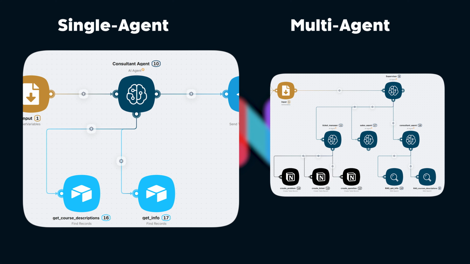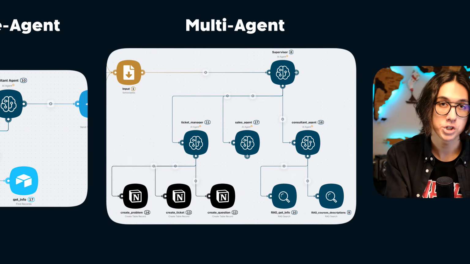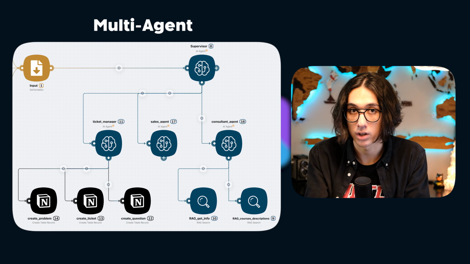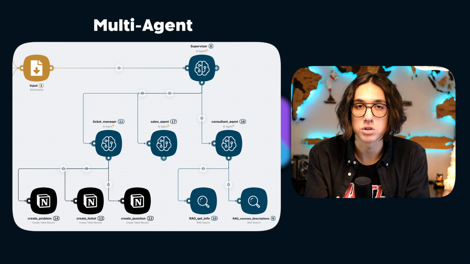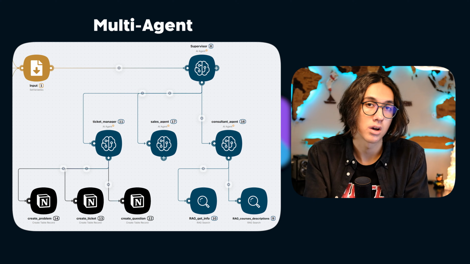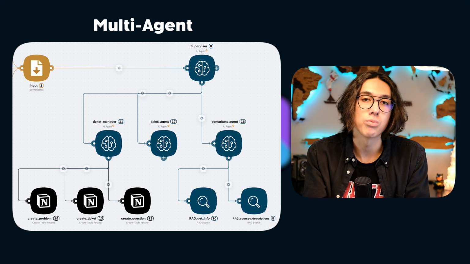Simple and clean. As you get more comfortable, you can step up into setups with multiple agents working together on Latenode. Imagine one acting as a coordinator or supervisor, while the others specialize. Maybe one focuses on digging up information, the second handles the outreach, and the third takes care of follow-ups.